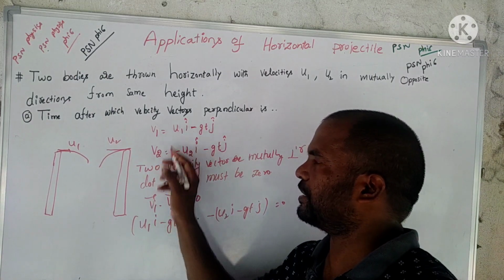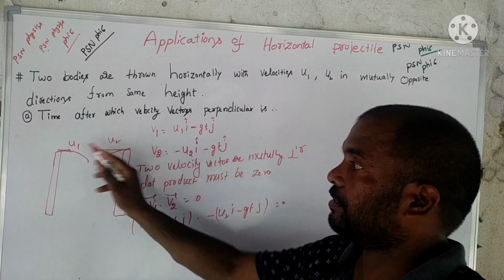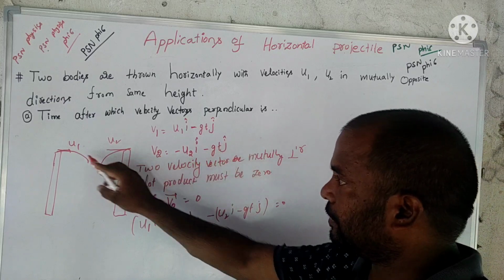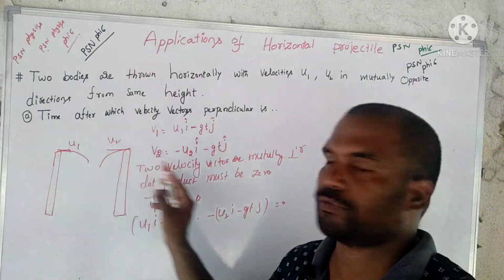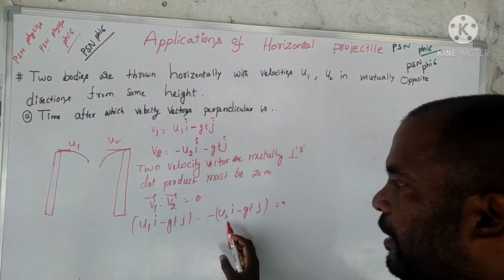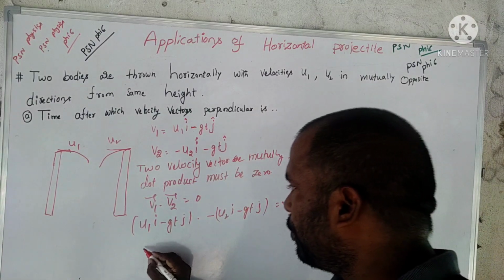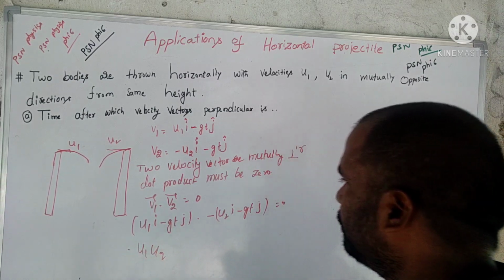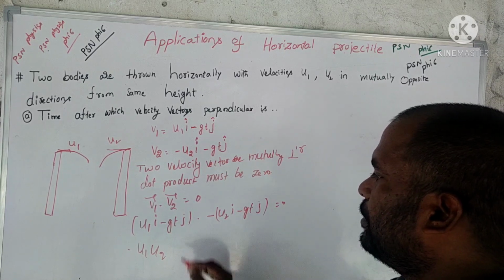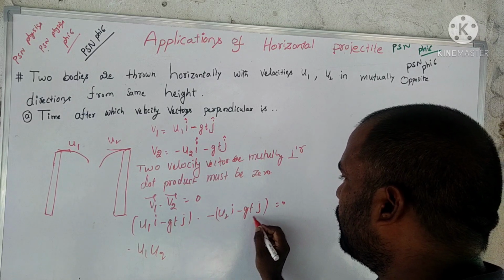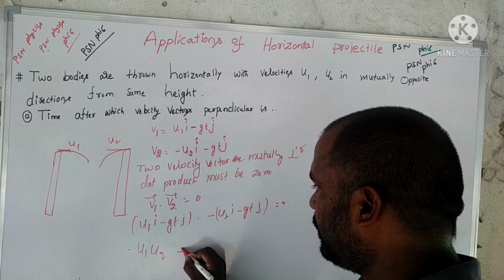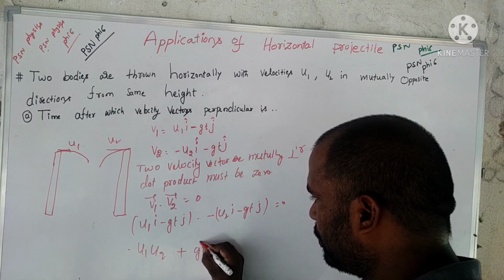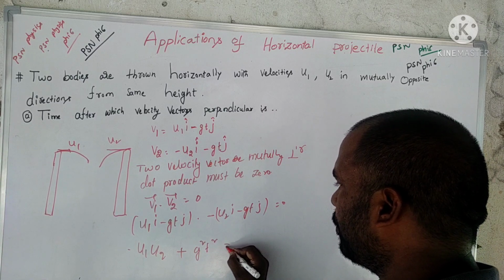Many students are not able to write this equation. The velocity vector is horizontal, the acceleration vector is vertical, that's why I wrote g t j. Here I took this one positive, u2 negative, that's why minus u2 i. i dot i is 1, giving minus u1 u2. Next, g t j dot minus into minus gives plus, j dot j is 1. Therefore, g square t square is equal to 0.